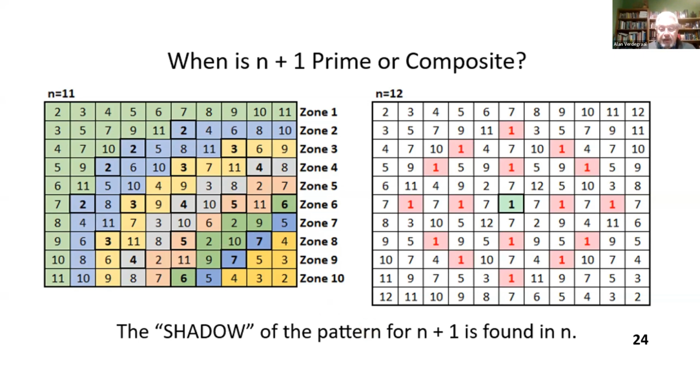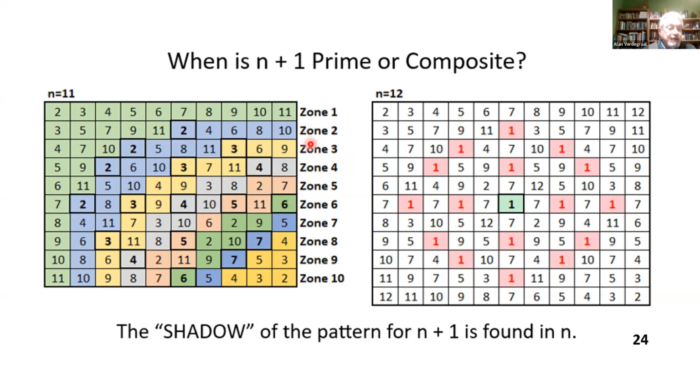So the rule is fairly simple, and it's presented in my paper. If, for instance, there is a 2, see these 2's here, in zone 2, and I define what zones are in the paper, then these 2's will convert into 1's. And therefore, we know that if there are 2's here, the following number is going to be composite.